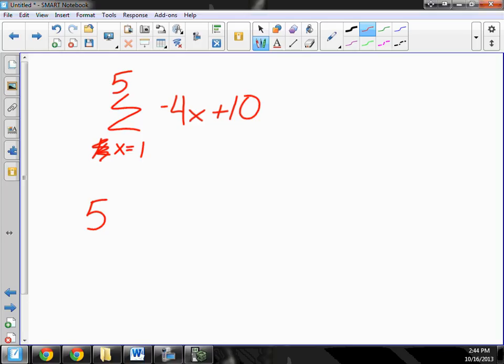So 5 times, what's a sub 1? 6 plus, what's a sub n? Negative 10. Does everybody see how I got those? 5 is the n, that's at the top of the sigma. And then I plug in 1, negative 4 times 1 is negative 4, plus 10 is 6.